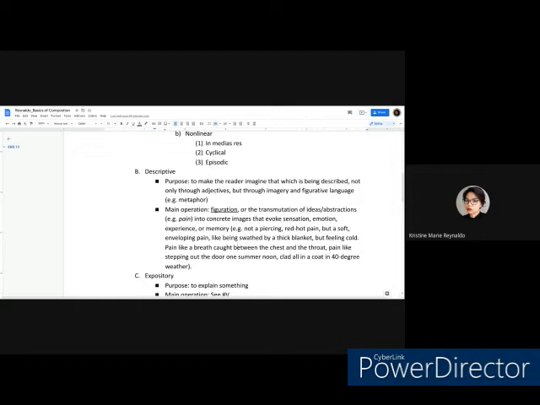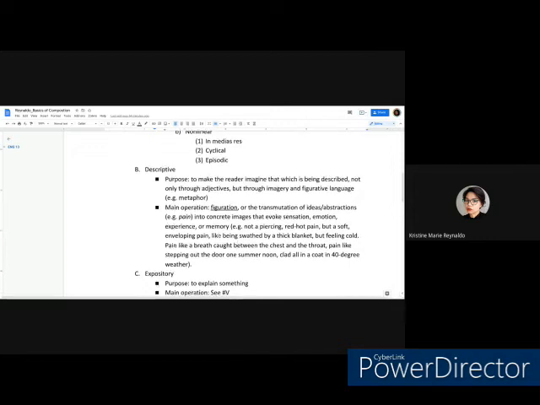So description can use adjectives, but it also relies more effectively on making your reader imagine concretely what it is that you are describing. So focus here on concreteness, on specificity.